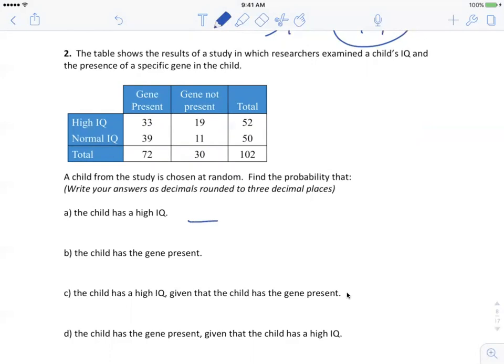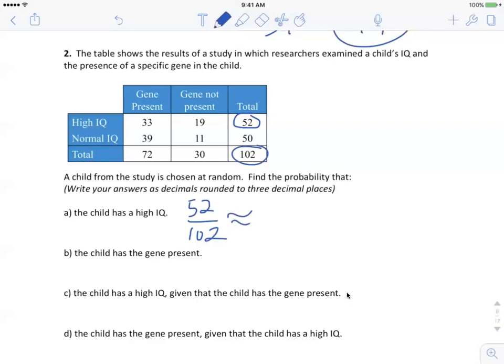I know we're choosing from a grand total of 102 children. And of those 102 children, how many of them have a high IQ? I can look at that total for the high IQ, 52. Right? And this one says, write your answer as a decimal, rounded to 3 decimal places.